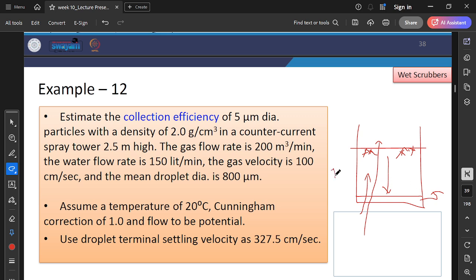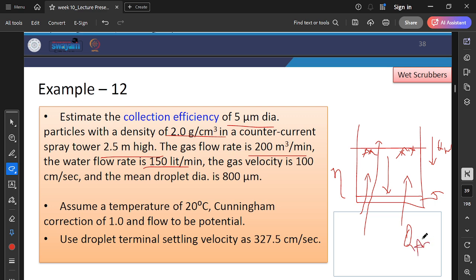They are asking the collection efficiency, again eta, of a 5 micrometer diameter particle in the inlet air, with particle density 2 gram per centimeter cube, in a counter current spray tower. Wet scrubber is again a spray tower only. From the top it's spraying, with a tower height of 2.5 meter. The gas flow rate Q is given, and the water flow rate, water will flow from top to bottom, that is Q water, and air will flow from bottom to top, that is Q air.